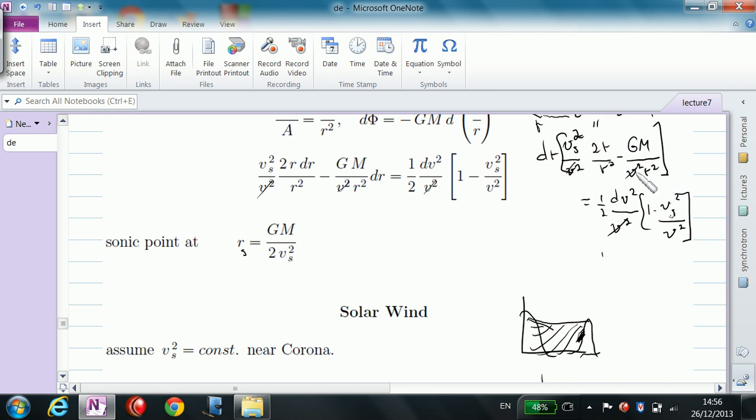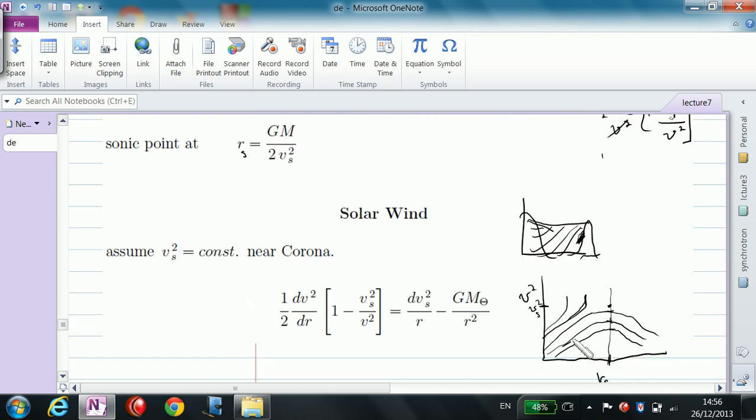And that means that dv squared dr has to be infinite. So all the curves that cross this line to the left of the critical point have to do it with infinite slope, right? And then they have to reverse sign.